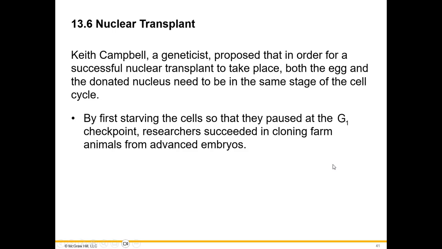Keith Campbell is a geneticist that proposed that in order for a successful nuclear transplant to take place, both the egg and the donated nucleus needed to be in the same exact stage of the cell cycle. They achieved this by starving the cells so that they paused at the G1 checkpoint, and then researchers actually ended up succeeding in cloning farm animals from advanced embryos.